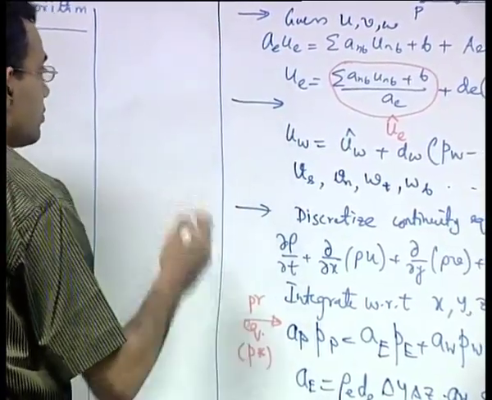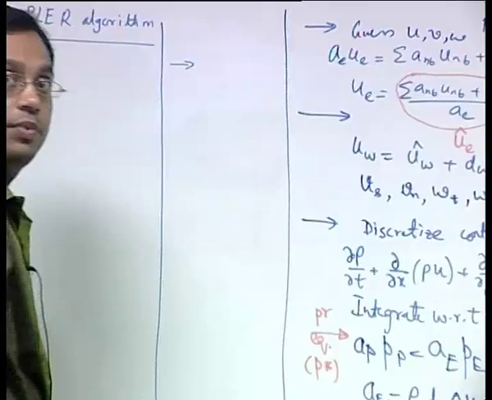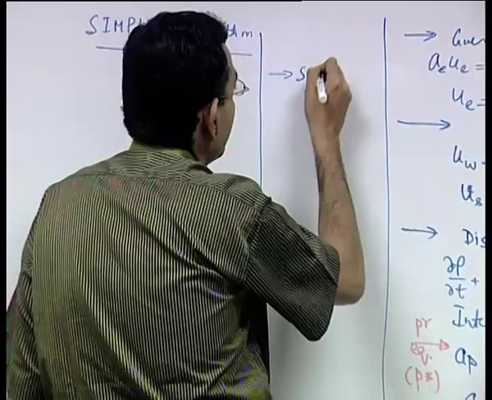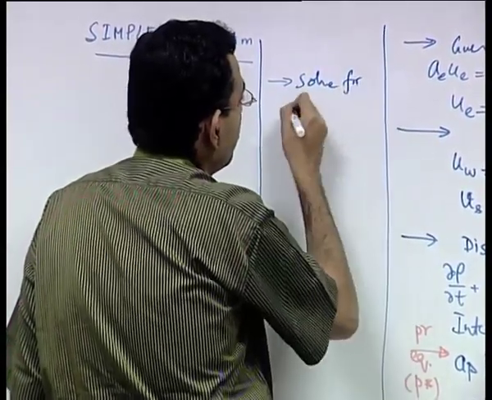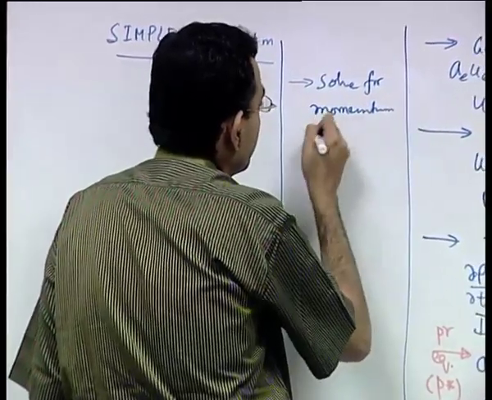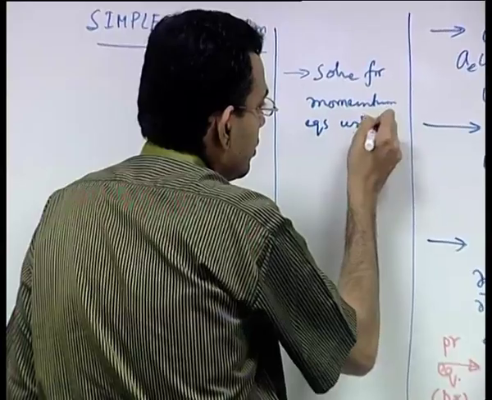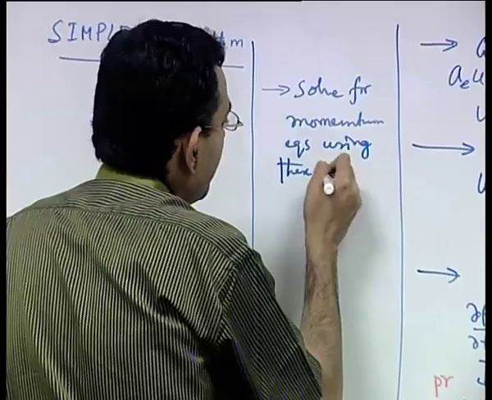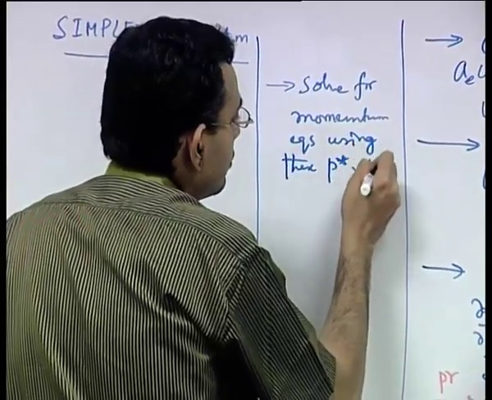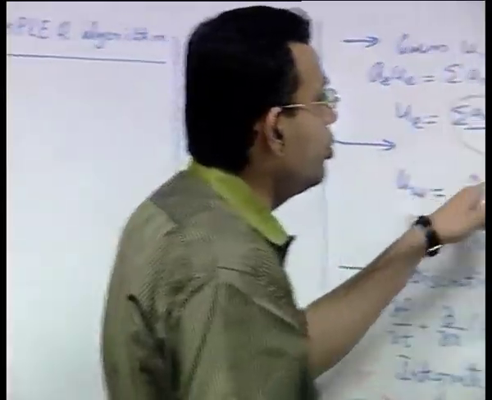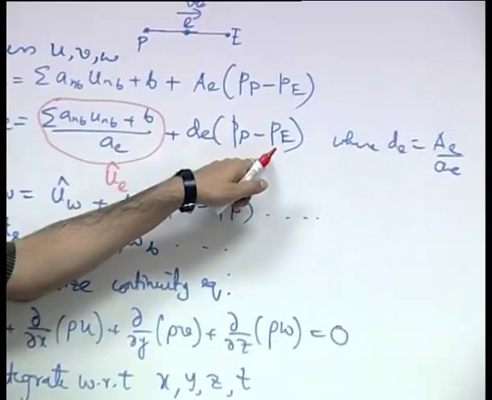So next step may be you solve for momentum equations using these P star values. Momentum equation means these ones, ue equal to ue hat plus d into pp minus p.